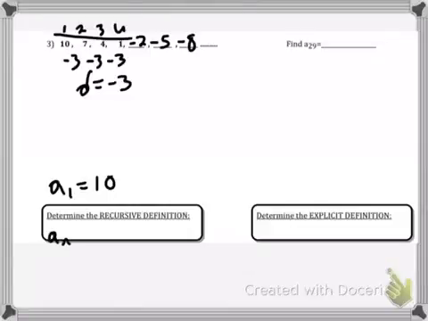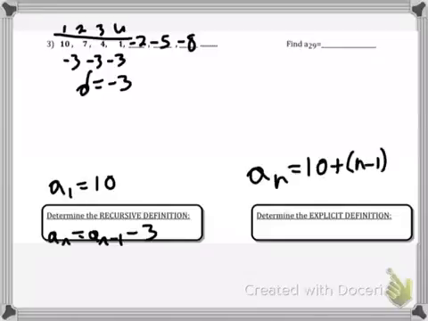We've got a sub n equals a sub n minus 1 minus 3. Right over here, our first term was 10. So we got a sub n equals 10 plus n minus 1 times negative 3.